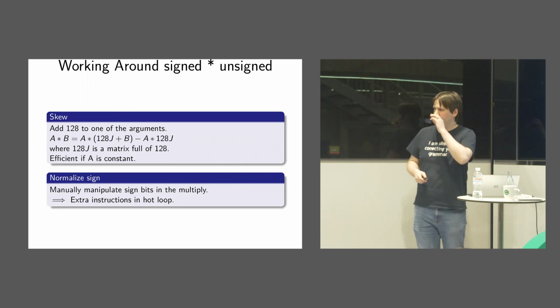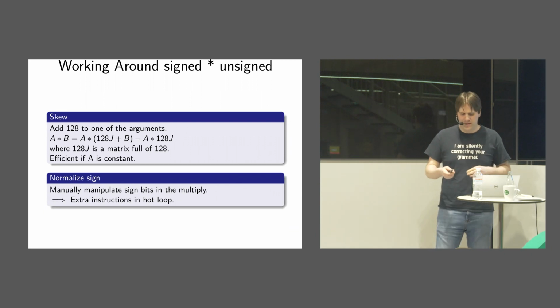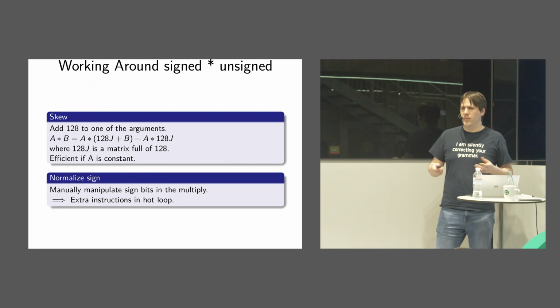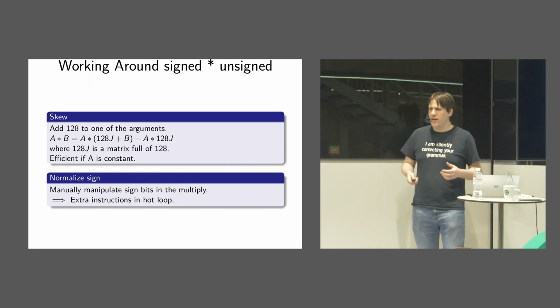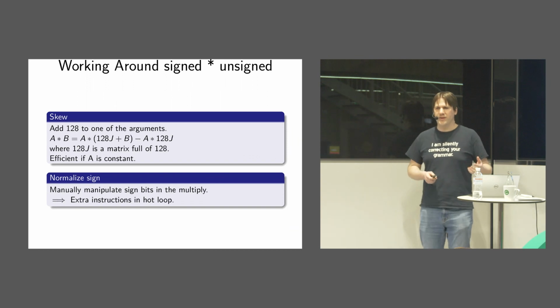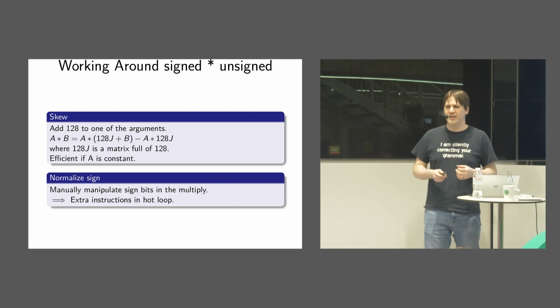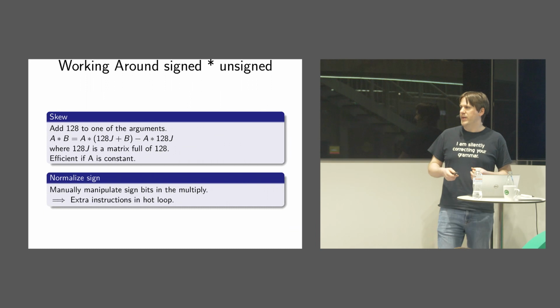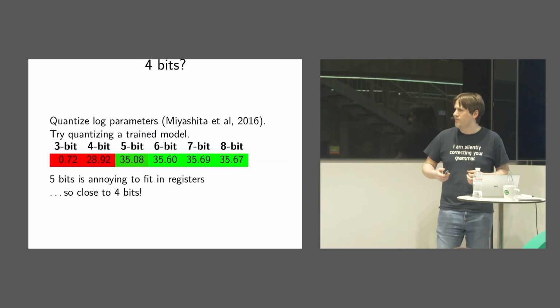And we actually implement both of them in this open source library I've got to do 8-bit matrix multiplication. But this is more of a rant about how you have to work around weird architectural things that were probably not designed for 8-bit matrix multiplication.